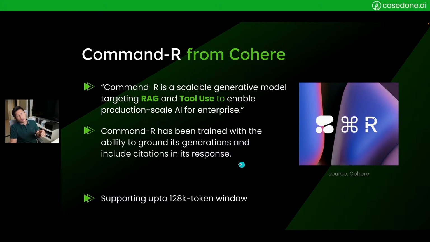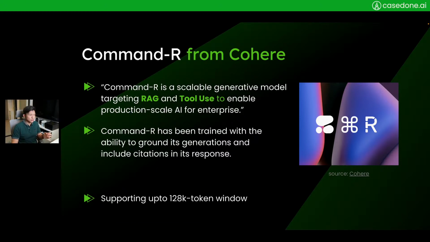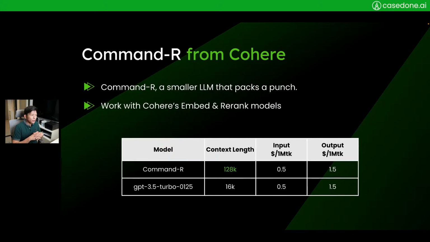And also, the model has a large context window of 128,000 tokens. That's roughly about 100,000 English words that the model can handle in one input. Why do I mention Command R?